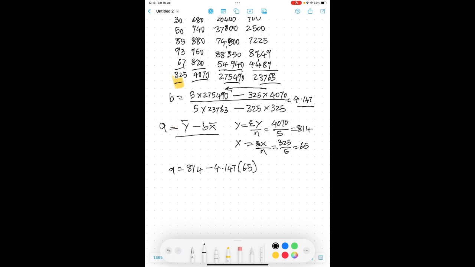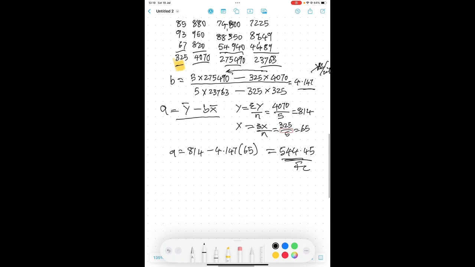If you solve all this, the value of A will give you 544.45. This is how you compute your fixed cost and your variable cost per unit using the least square method.